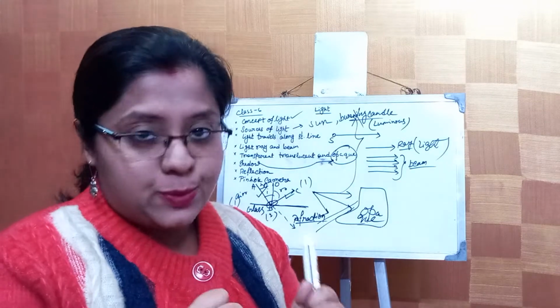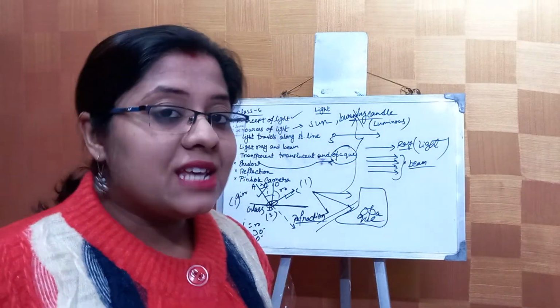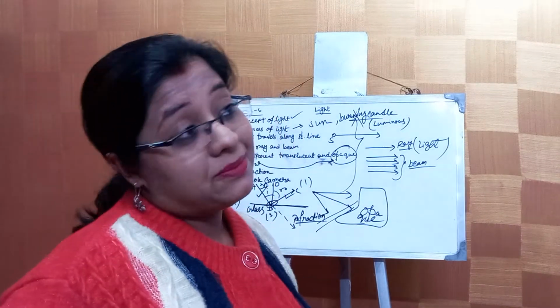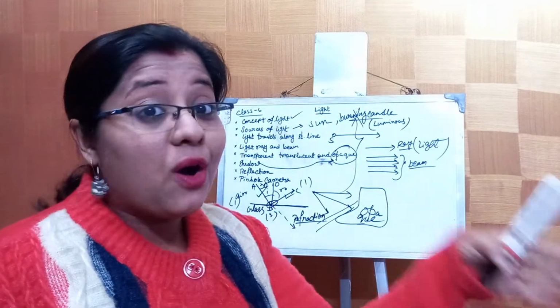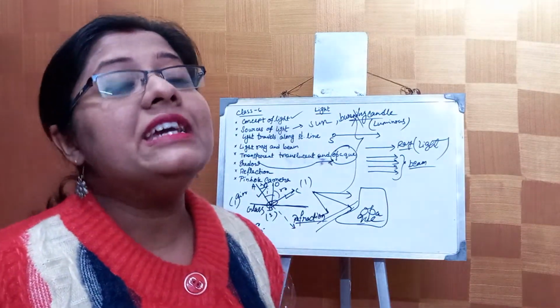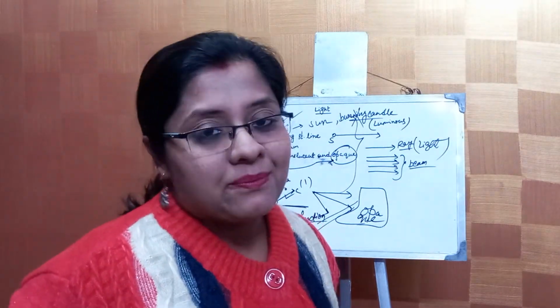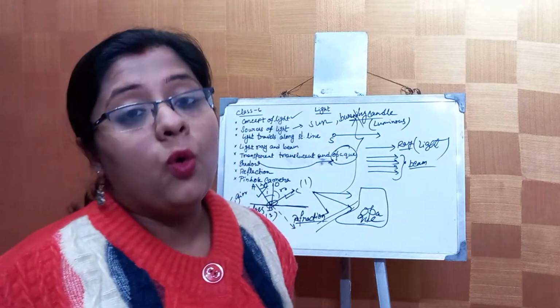So it will be light proof. Then you can make a small hole on the surface of the box, and in front of the hole you can put one burning candle. Then on the opposite side of the hole you will get the inverted image of the burning flame. And this is called the pinhole camera.